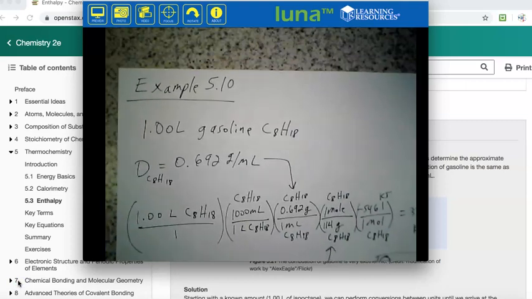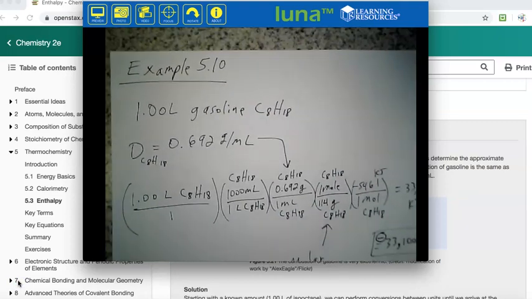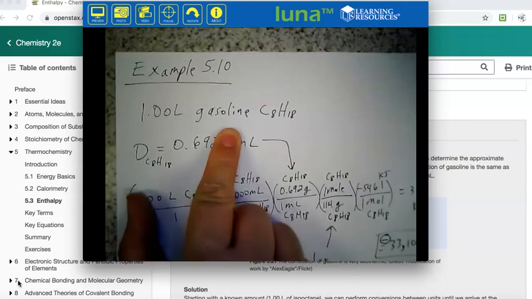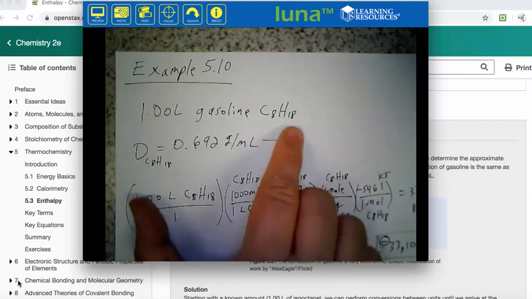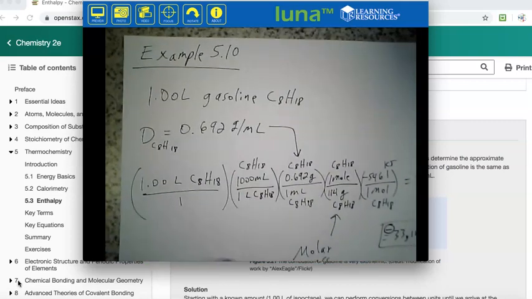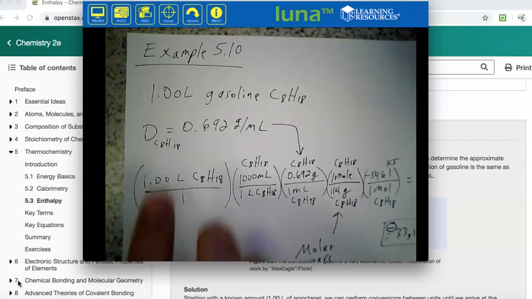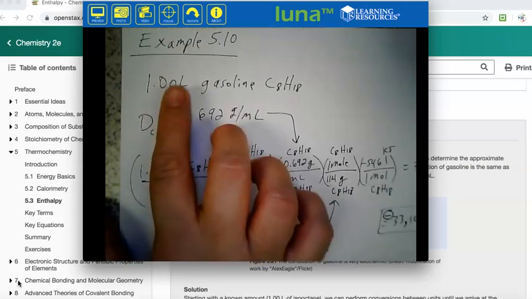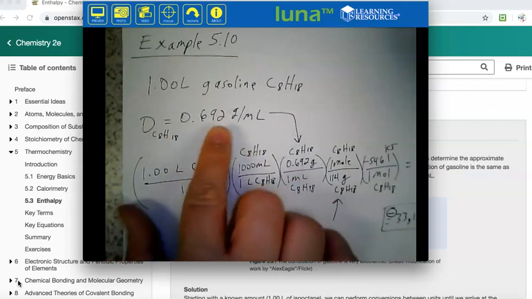Okay, so here we have example 5.10, and we're starting out with 1 liter of gasoline, which is C8H18. They gave us the density to be 0.692 grams per mL. So first, we're starting out with 1 liter of gasoline, so we need to convert liters to milliliters, and then milliliters to grams because they gave us density.